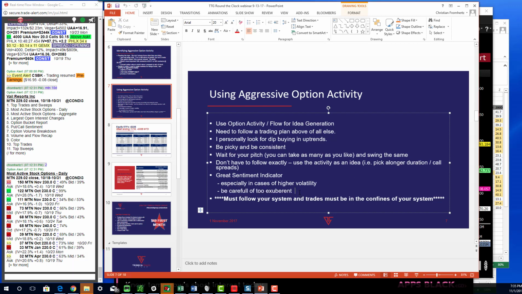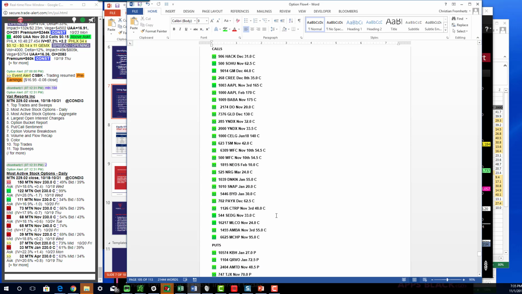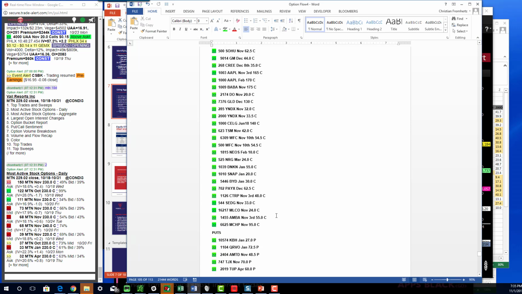So you have to be careful when that happens. I usually keep my aggressive option trades on one page. When they start to go to a page and a half, the momentum players are out and they're buying everything. And we've seen it before. It's too much, right?